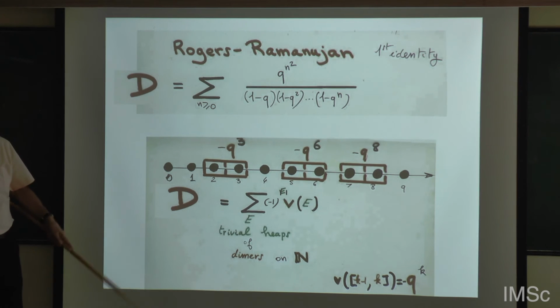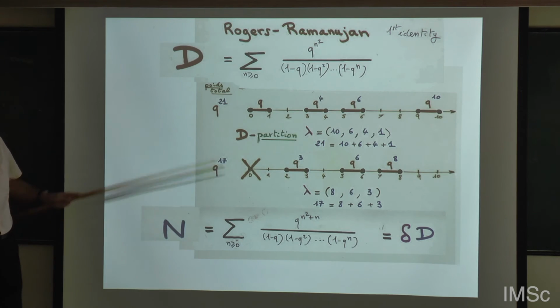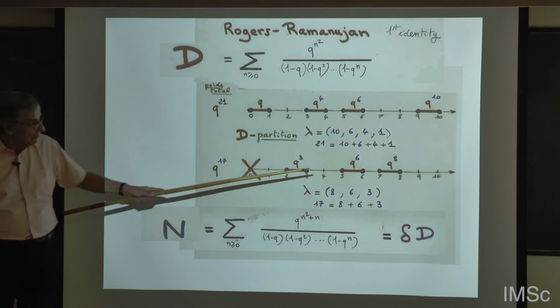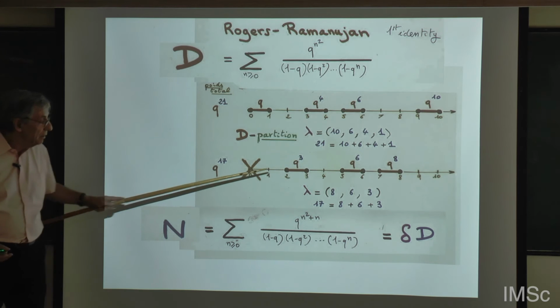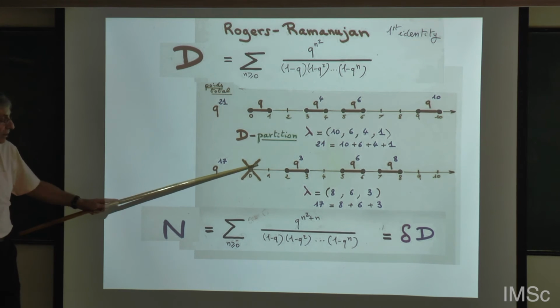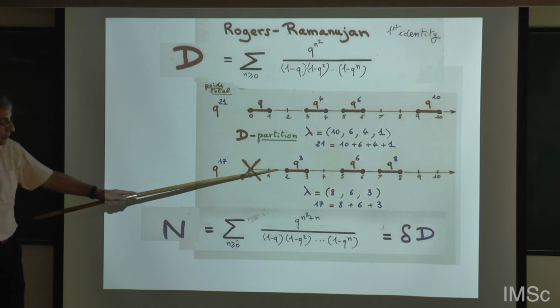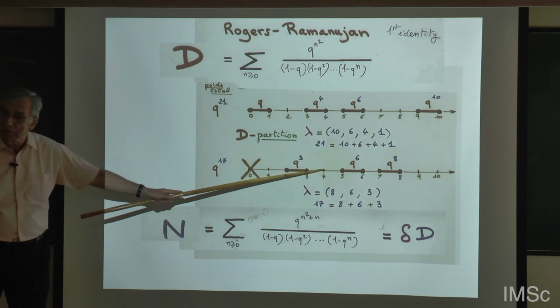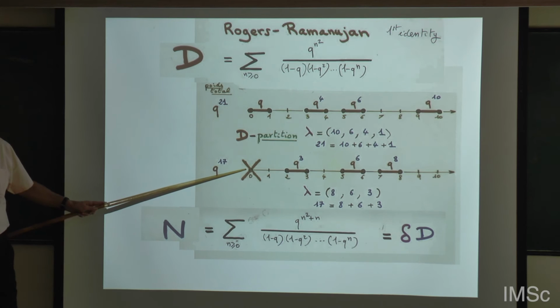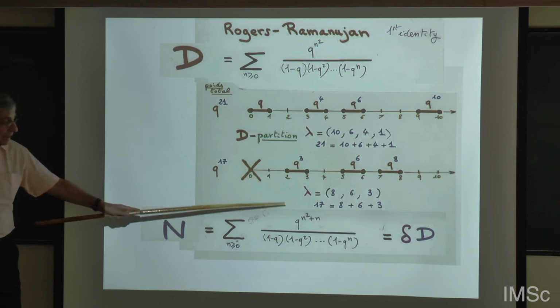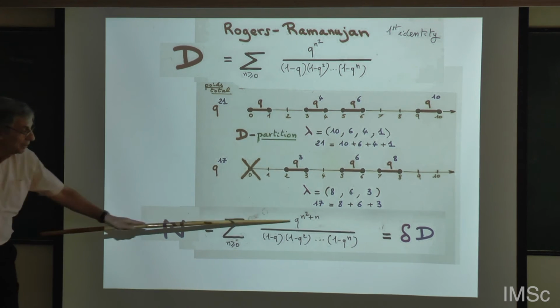Now what is the numerator? Numerator is N, it's trivial heaps of pieces which do not contain the maximal piece, which is 0, 1. So it's such a partition. So it's 2 by 2 disjoint dimers, which do not contain 0. And this is exactly D partition, which does not contain the part 1.